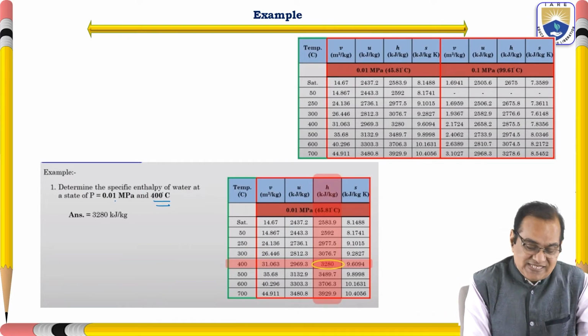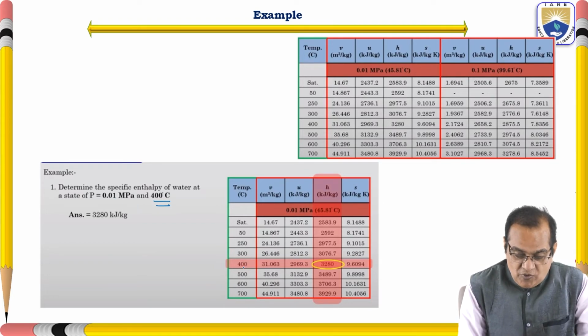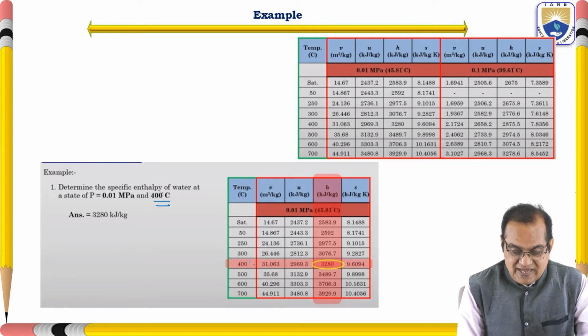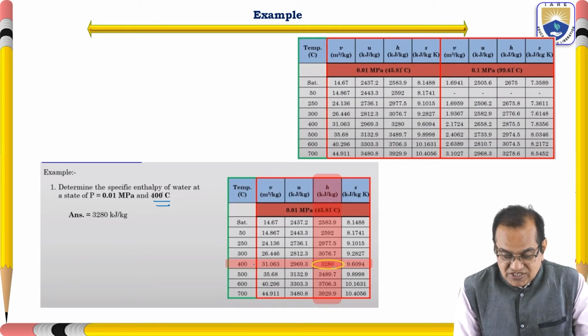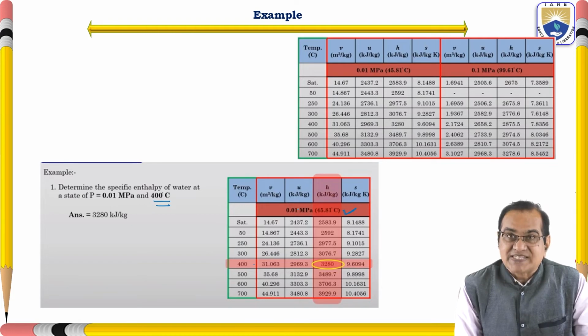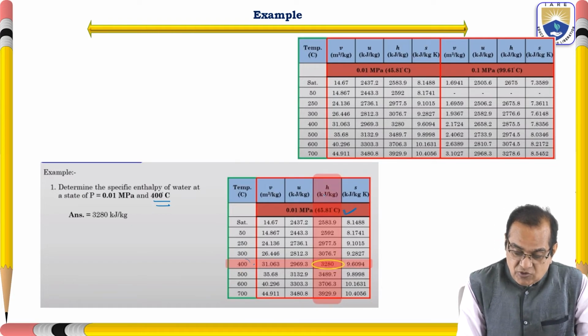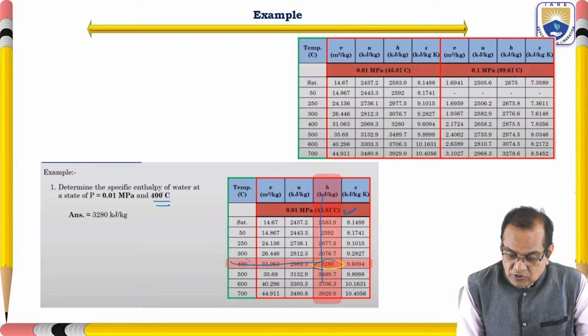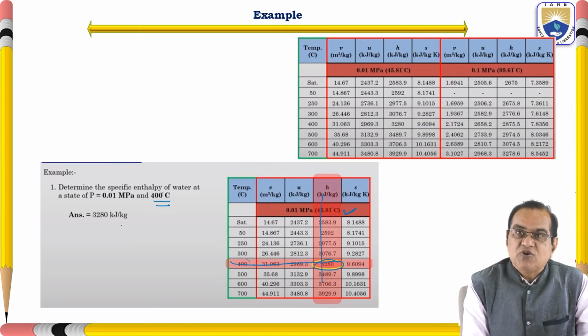For the superheated case, the pressure 0.01 and the temperature are required. At 400 degrees centigrade and 0.01 megapascal, you have to go in this line and you will get the value 3280 kilojoule per kg.